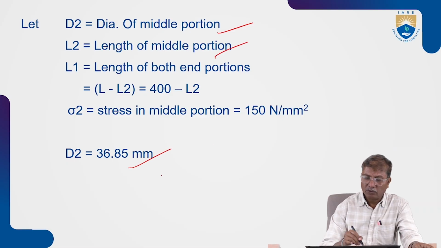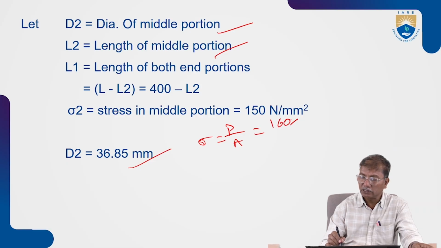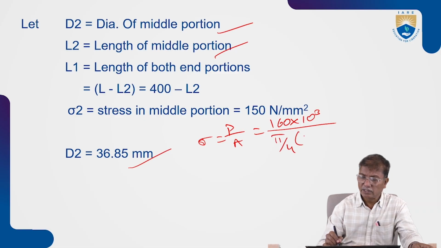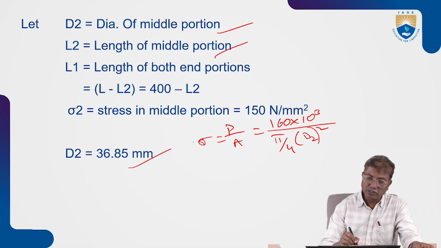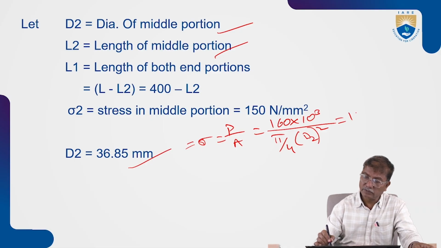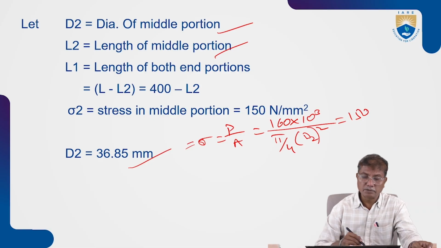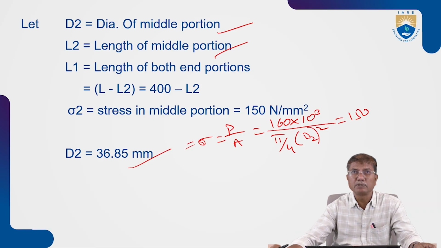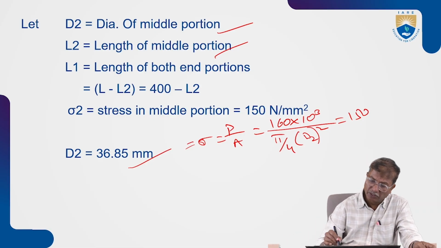So here the formula we have to use is stress sigma equal to P by A. P is 160 kilonewtons into 10 cubed newtons by pi by 4 into d2 square, which is equal to sigma, that is equal to 150 Newton per mm square.